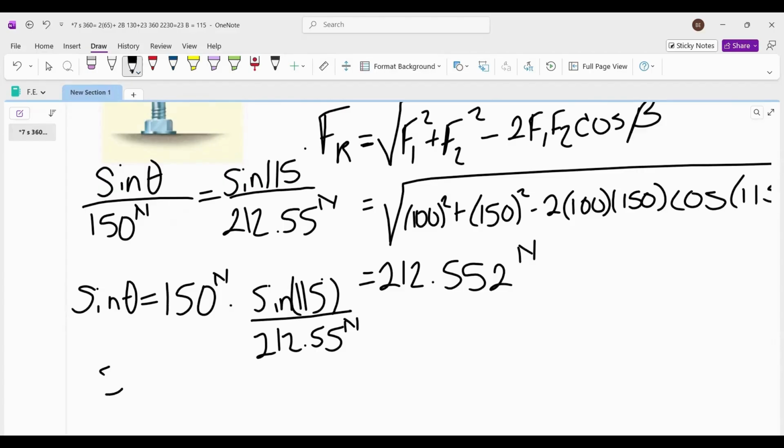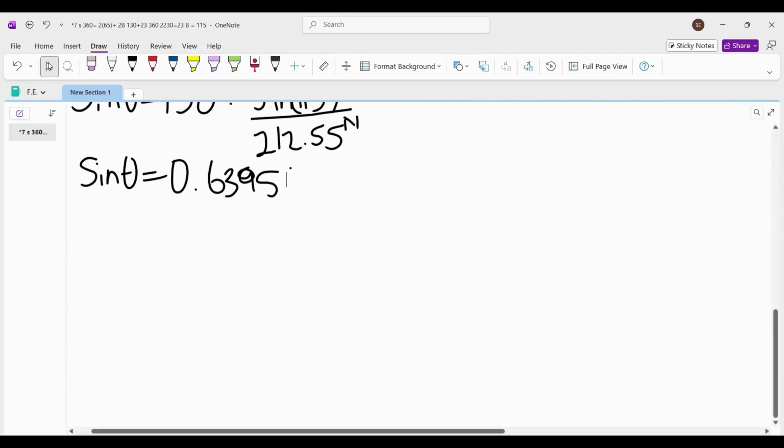So we got sine of theta is equal to 0.6395. Okay, but we want theta. We don't want sine of theta. So we're just going to move sine to the other side.